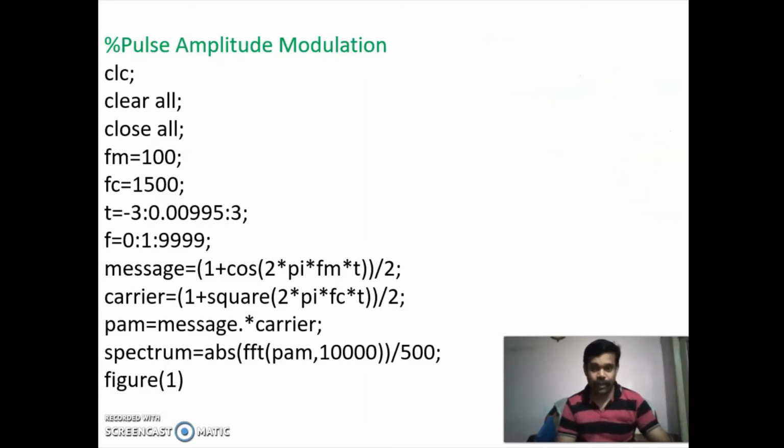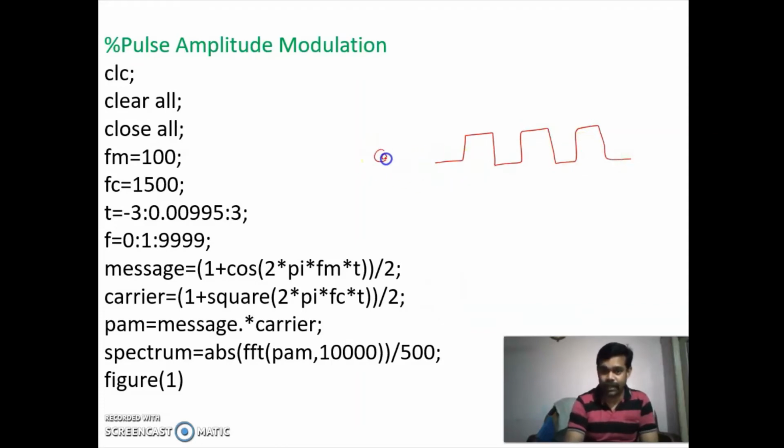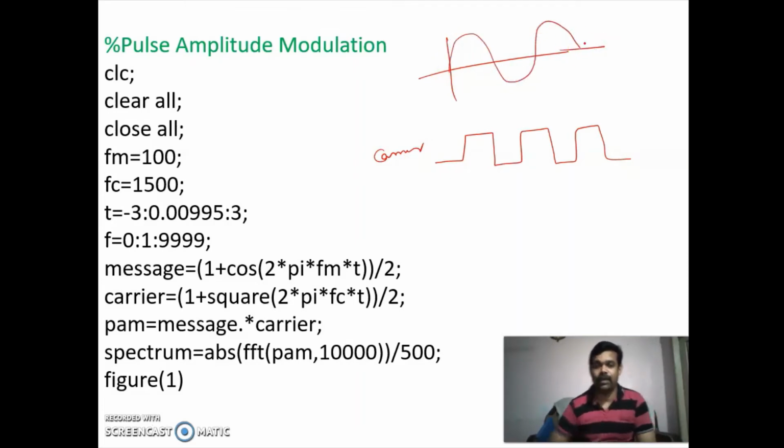First of all, you must understand that in PAM modulation, the carrier is a pulse train, and your message signal is an ordinary analog signal. In the program, the first step is clc, which clears the command window.